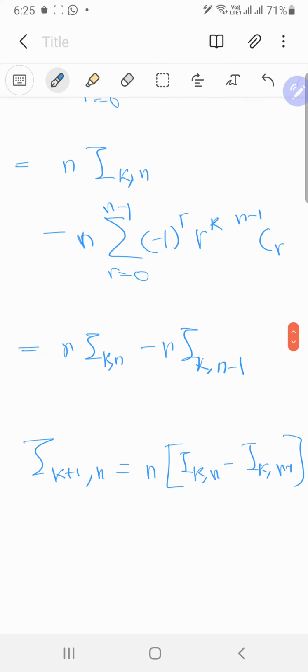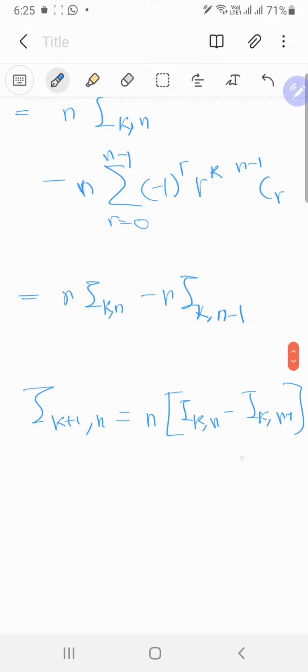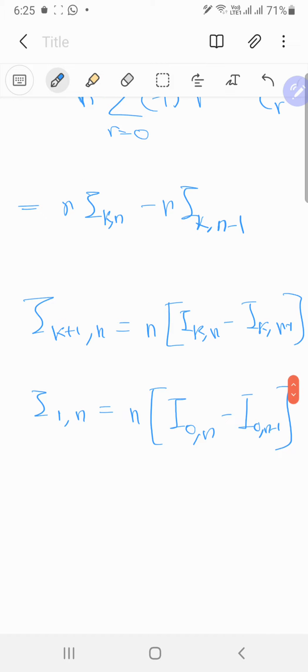Okay, so why this choice though? So let's see. If we put the value of k as 0, we should get I 1 comma n, that is n times I 0 comma n minus I 0 comma n minus 1. Okay, so in order for this thing to make sense, you should have n minus 1 being positive, which means n minus 1 should be bigger than or equal to 1, which means n should be bigger than or equal to 2.